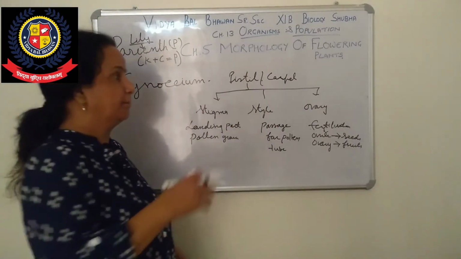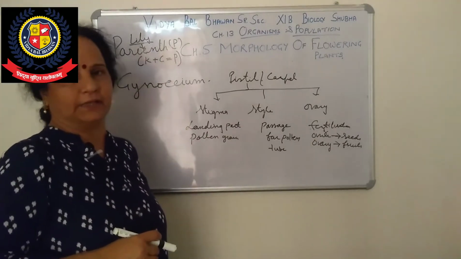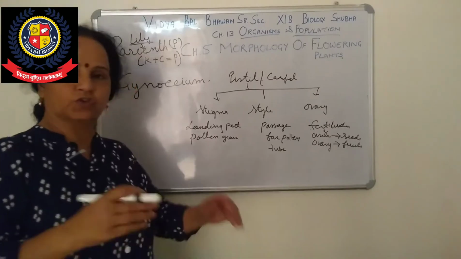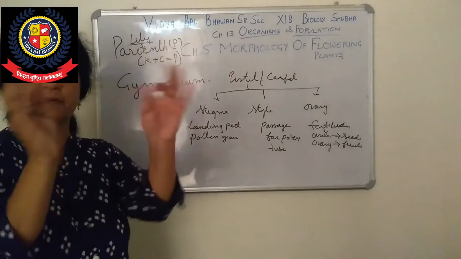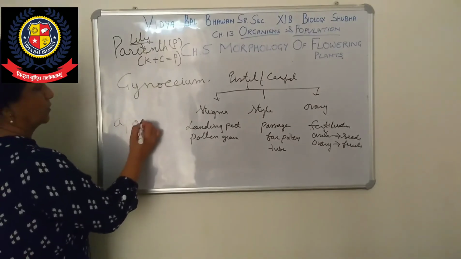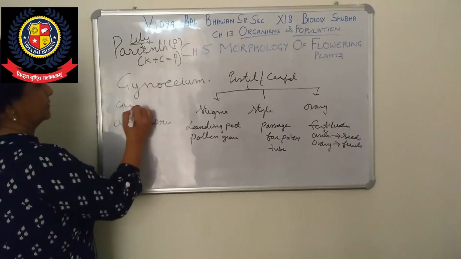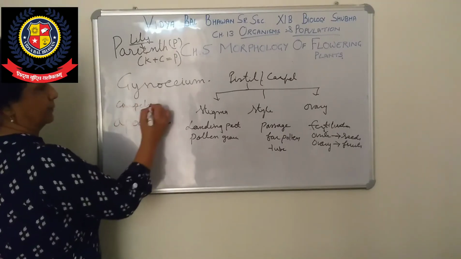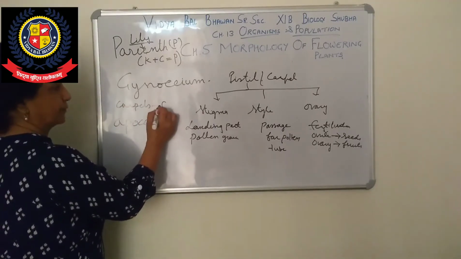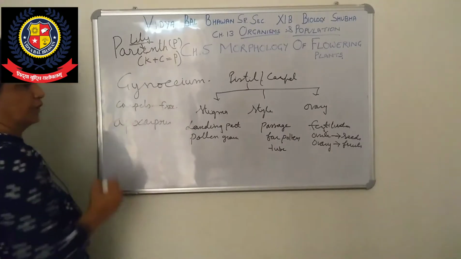But when more than one carpel is there, the carpels may be free. If all carpels are free, it is called an apocarpous ovary.